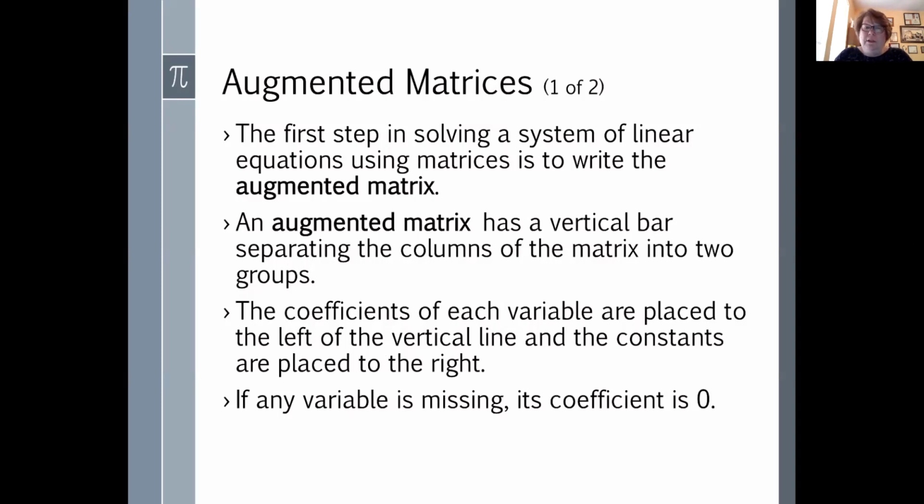The coefficients of each variable are placed to the left of the vertical bar, and the constants in your equations are placed to the right. If any variable is missing, its coefficient is 0. It's very important that you are able to create the augmented matrix from your system of equations.